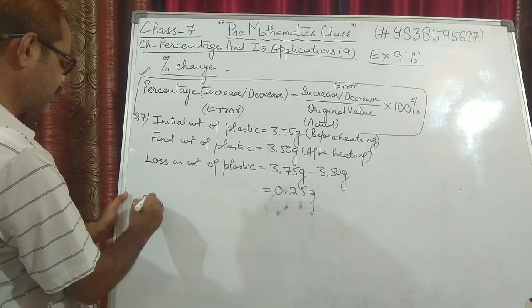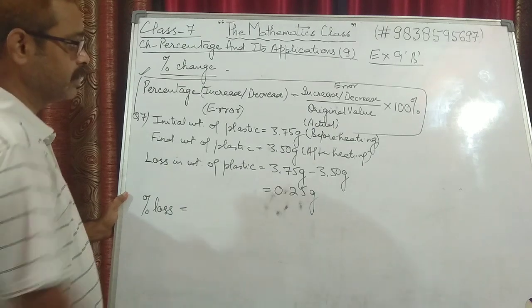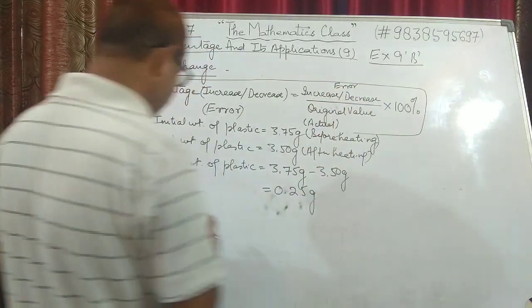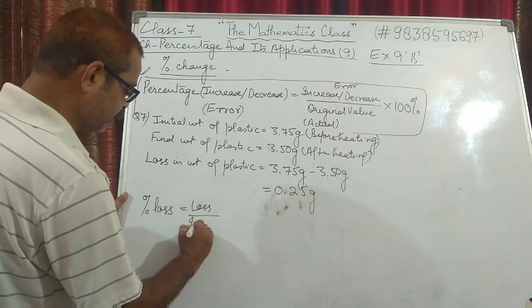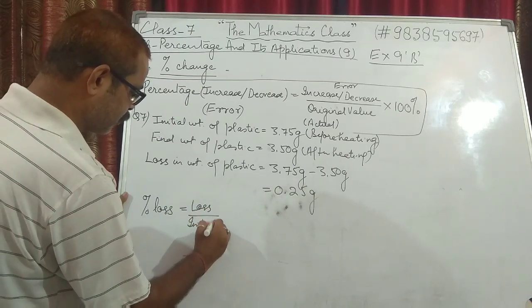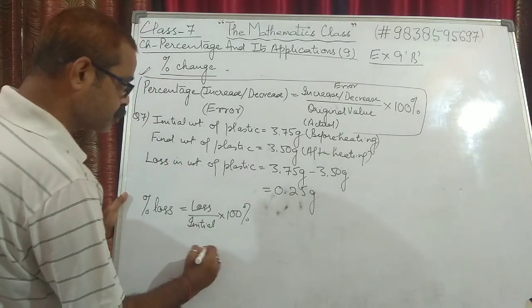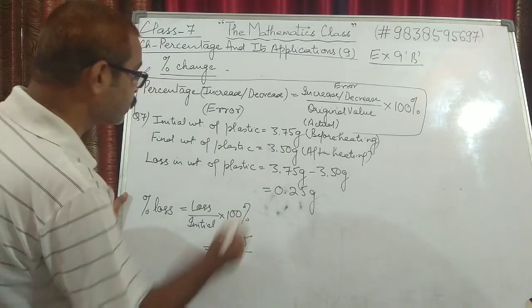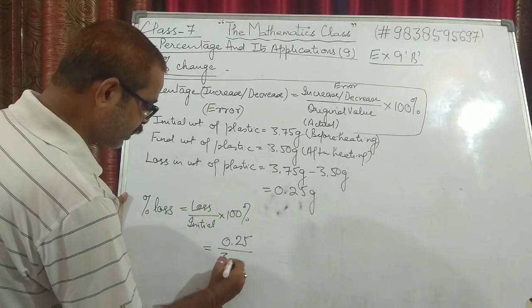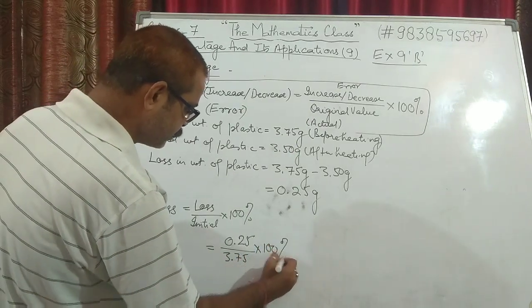So percentage loss or percentage decrease is decrease upon original value, meaning loss upon initial weight, into 100 and then the percentage sign. So the loss is 0.25, the initial weight was 3.75, into 100 and then percentage.